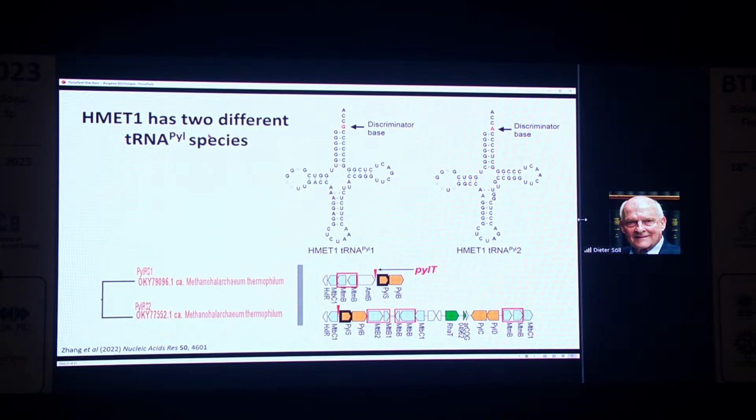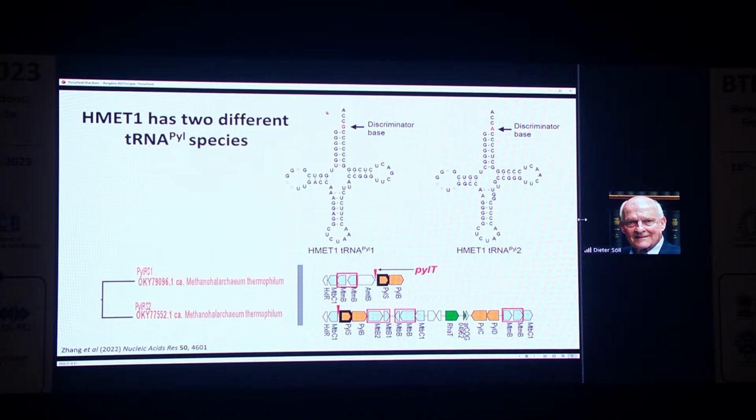HMET has two different tRNA Pyl species. It is the only organism we found that has two different Pyls. This is PylT, this arrow here, and this is another one. So they are in two different strains. In each case, they are next to PylS, the pyrrolysine synthetase.